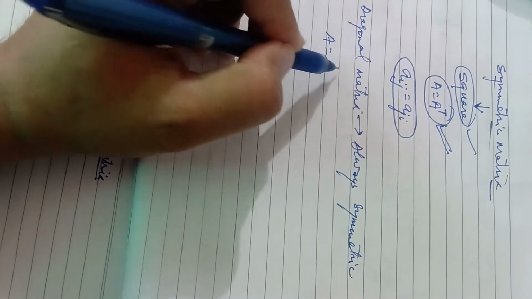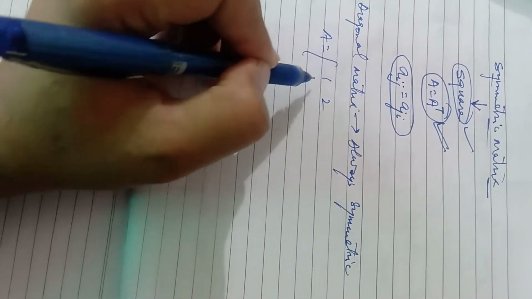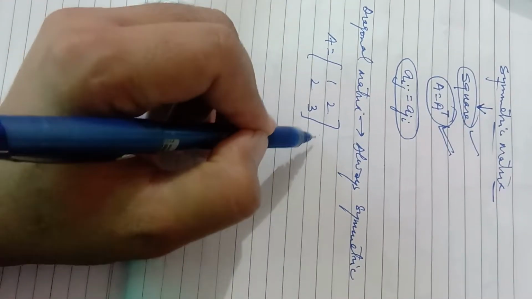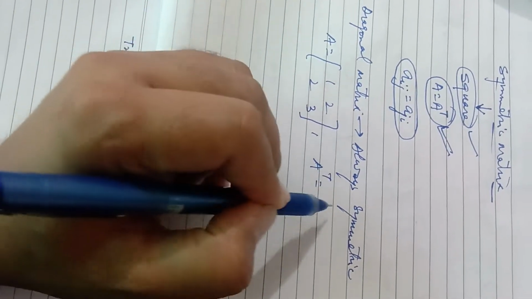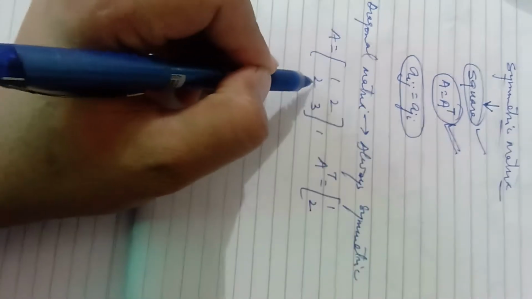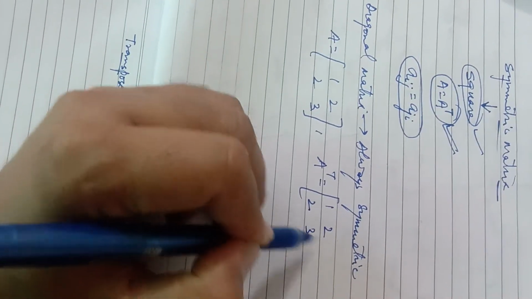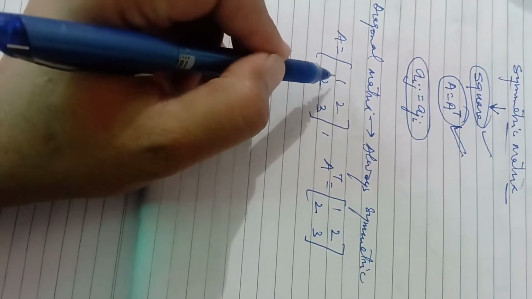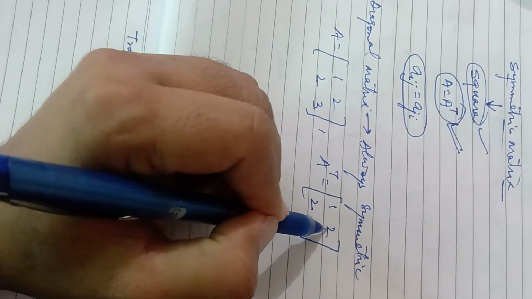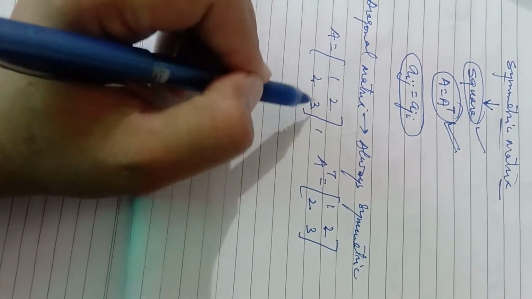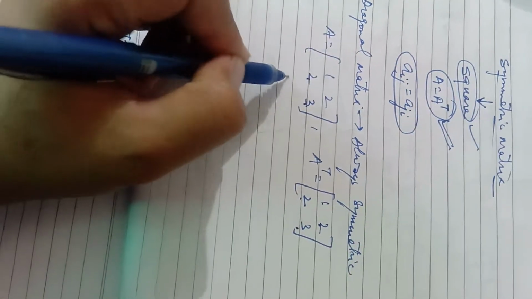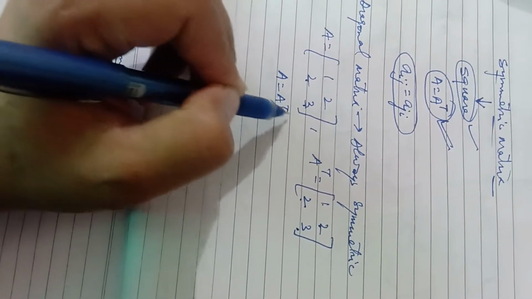If I take A as the matrix 1 2 2 3, obviously if I find its transpose, what was the first row here? 1 2, it will become the first column. Second row 2 3, it will become the second column. Let's cross check. What is the first row of A? 1 2. First row of A transpose 1 2. Second row of A 2 3. Second row of A transpose 2 3. So obviously A is equal to A transpose.